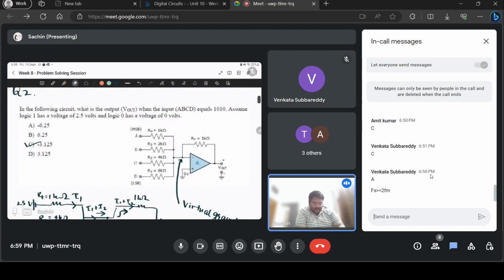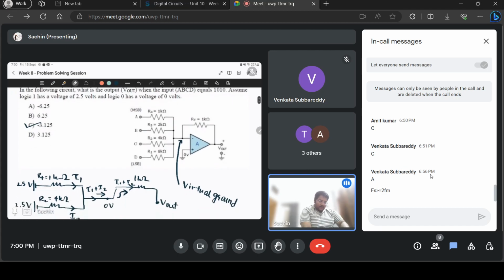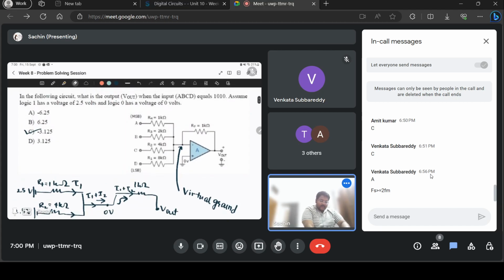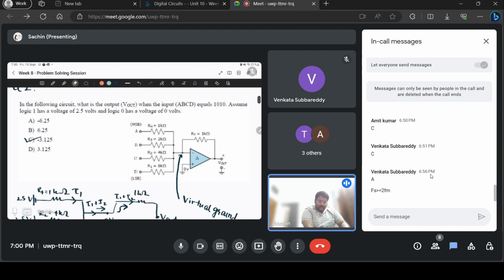The following circuit, what is the output when the input equals 1010? Assume logic 1 has a voltage of 2.5 volts and logic 0 has a voltage of 0 volts. So for an operational amplifier, there's a concept called virtual ground, where if you are connecting the op-amp in a negative feedback configuration, that is, this output Vout is actually fed back through a resistor to the negative terminal, then what the op-amp tries to do is bring both of the plus and minus voltages to the same level.